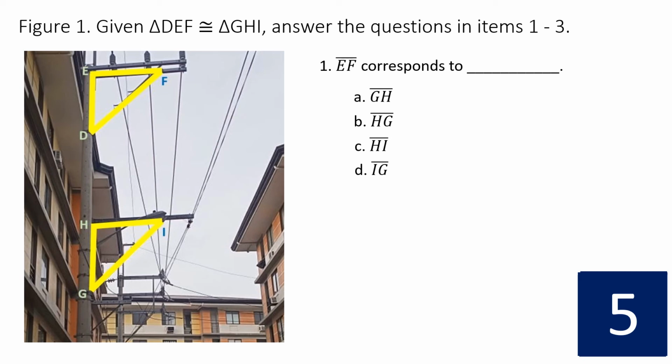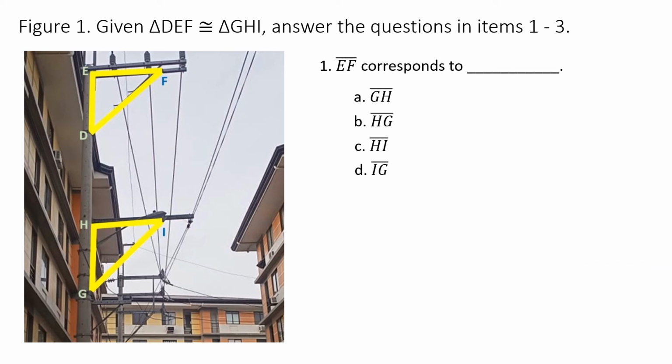Letter C, segment HI. Or letter D, segment IG. Your 5 seconds starts now. Okay, time is up. What is your answer? The answer is letter C, segment HI. Segment EF corresponds to segment HI.